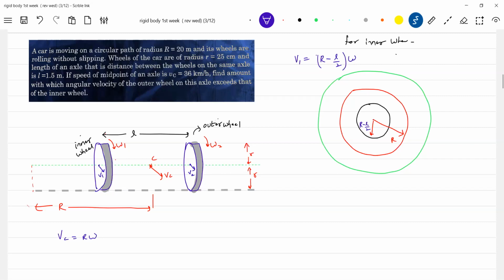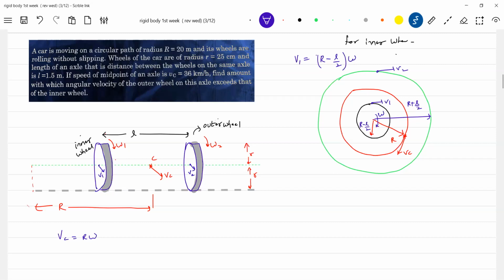What is the radius of this going to be? Of the center of mass, Vc. So then what about this will be V1? Okay, now you are able to write. So then omega is what? I'll keep it common for everything.